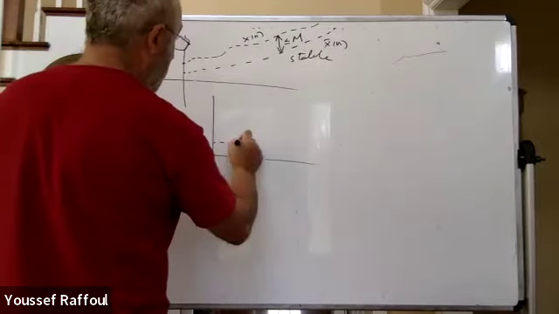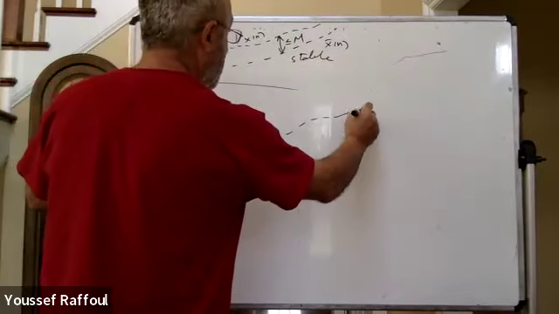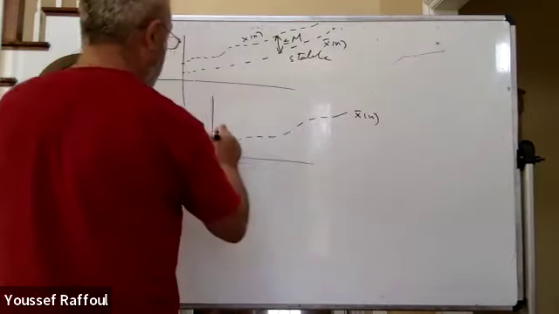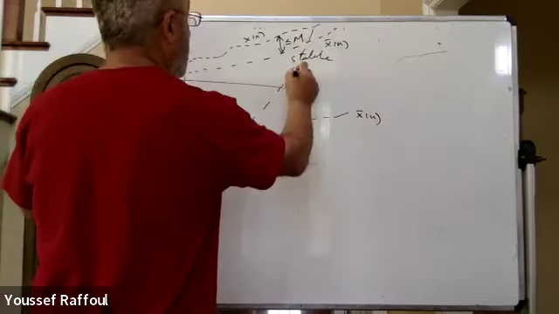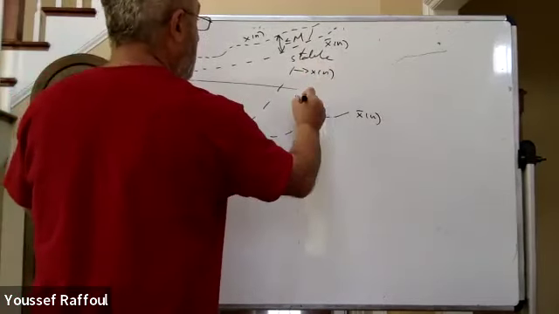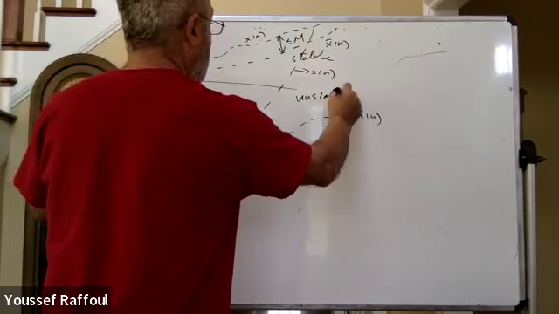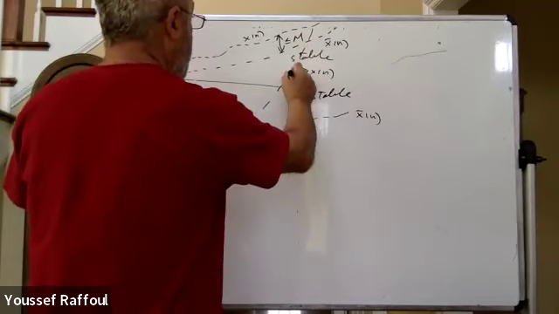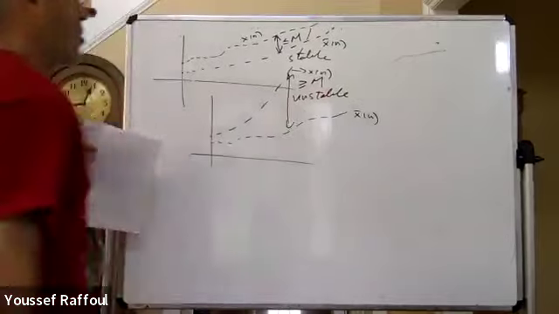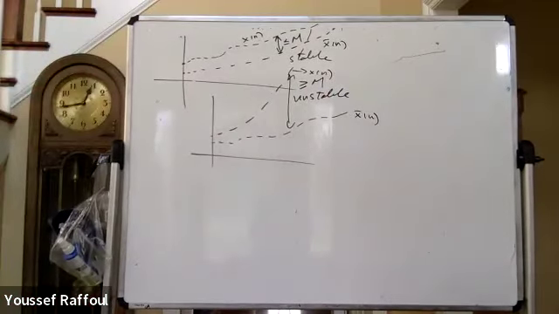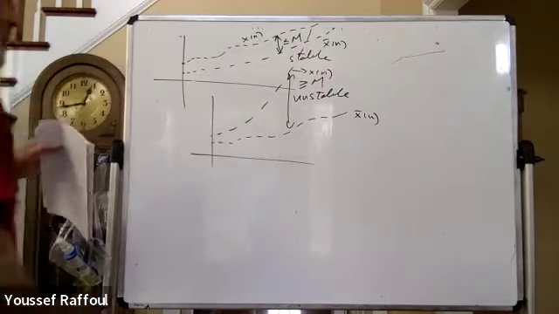And if you have this x_n and this is the other one, it's unstable. We see this one is always bigger than m, becoming unbounded.